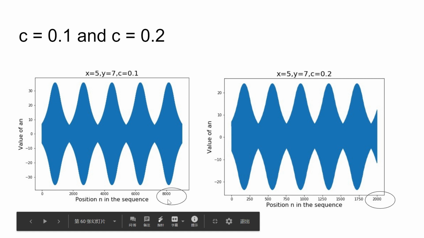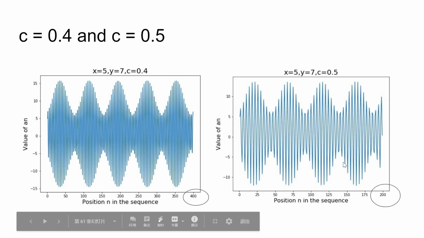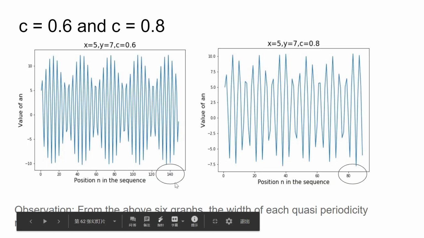When C equals 0.1, this value is 8,000, and then 2,000, 400, 200, 140, 80. And we see the width of each quasi-periodicity narrows when C becomes larger.